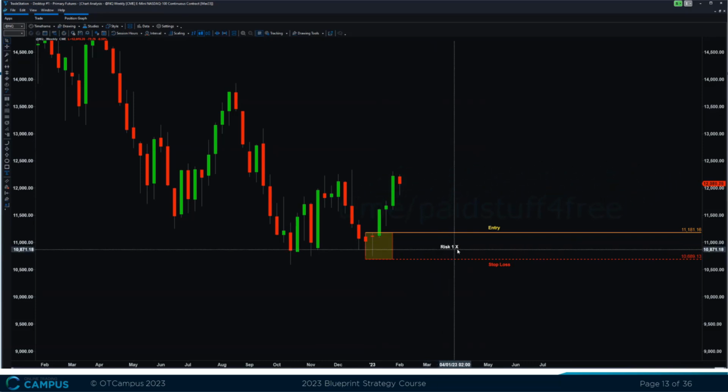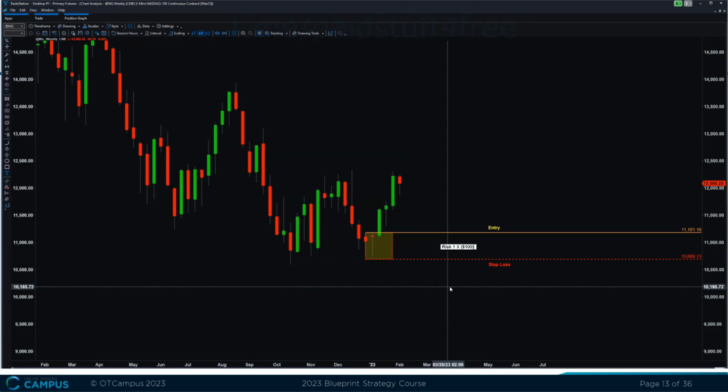This could be $100, this could be $200, this could be, for a more experienced trader, $1,000, and so on and so forth. So now all of a sudden, let's decide that 1X in this case is we want to risk $100 on this trade.